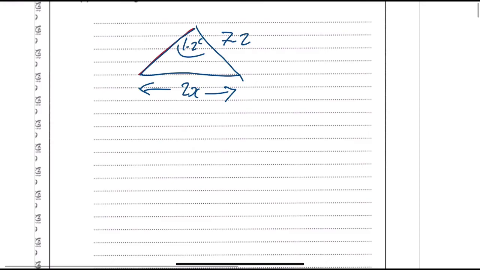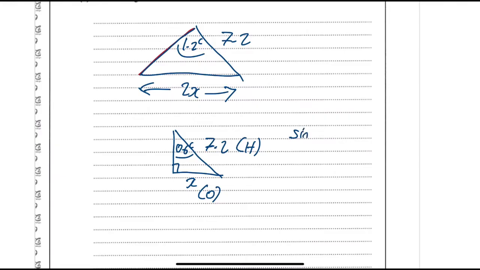I'm going to do that because I'm going to divide that into a right angle triangle, which bisects the angle. So it now becomes 0.6 radians, that's still 7.2, and instead of 2x, that bit is just x. So relative to my 0.6 radians, that's my opposite, and this is my hypotenuse.